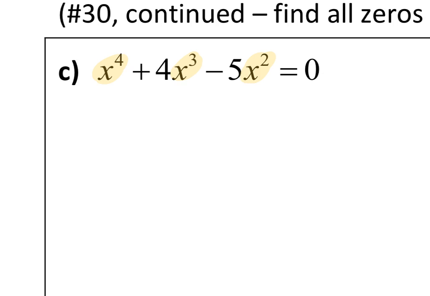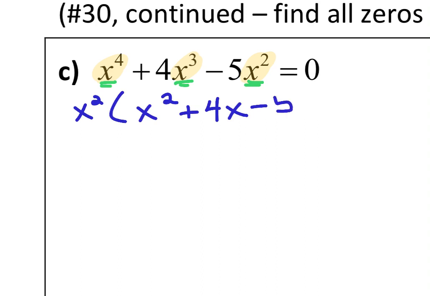And so I have at least x squared in each expression. And so I'm going to factor out a GCF that is x squared. And so when I factor out the x squared, inside the parentheses I have x squared plus 4x minus 5 equals 0.